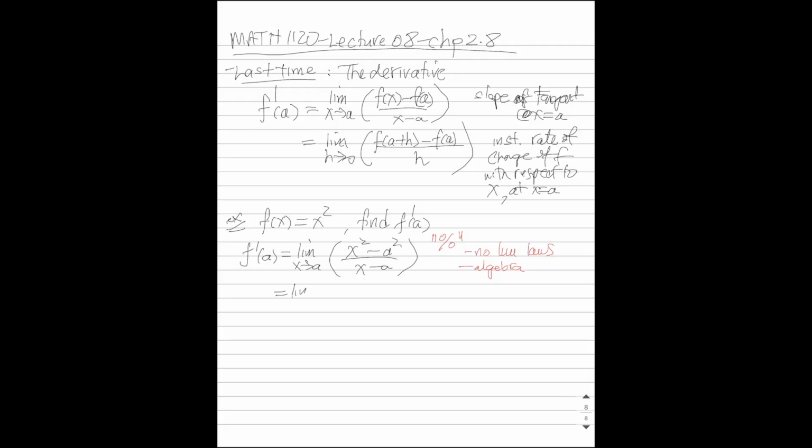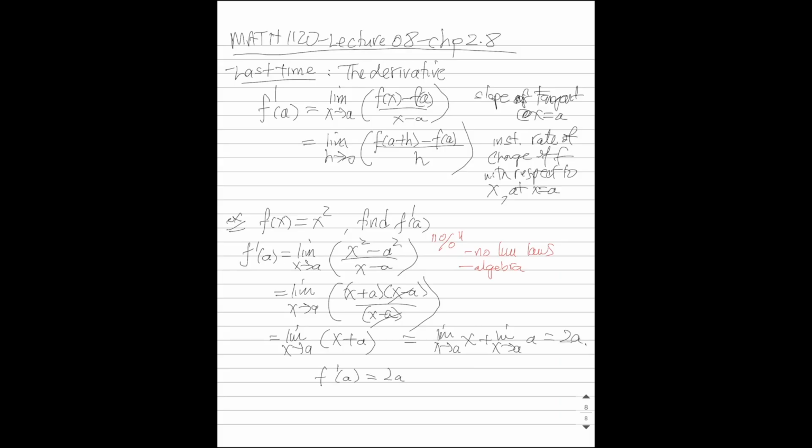And in this case, the algebra is very simple. You could factor the top into (x plus a)(x minus a), and that's what's going to locate the 0 over 0. And so you'll be left with a limit that's really straightforward. It's going to be the limit of the x plus the limit of the constant, and that's going to leave you with 2a. So in this case, the derivative gives a nice little expression.